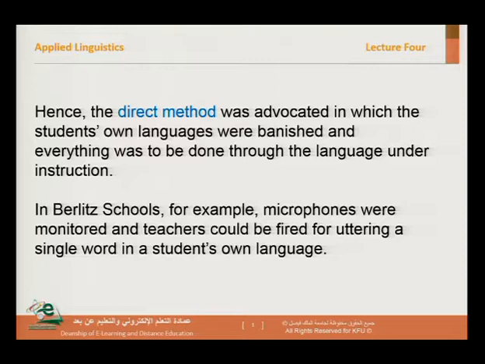Do not let them translate rules or vocabulary, and do not explain rules of English to them in Arabic. So an English language policy was introduced into second language learning centers or classes, and maybe foreign language centers.